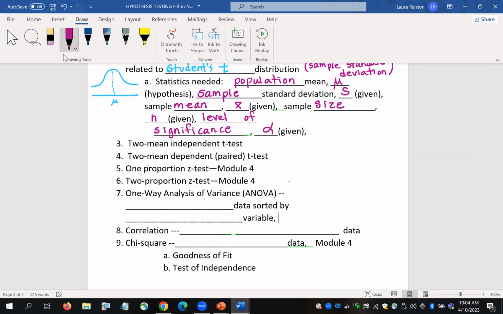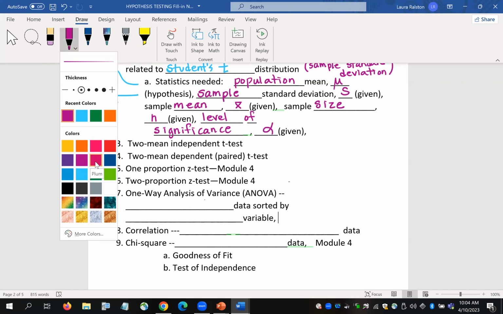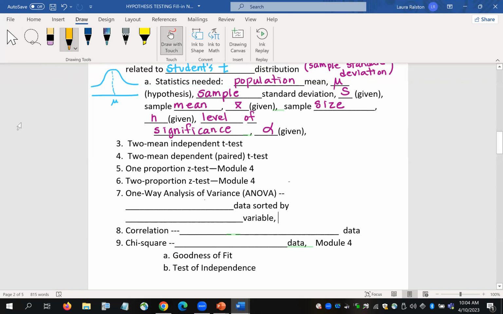Those two, the one mean z and the one mean t, we do talk about in Elementary Statistics 1, Stat 1401. Some of the ones that we do not talk about in the first course that we're going to look at in this course are the two mean independent t-test, the two mean dependent or paired t-test, a one proportion z-test, as well as a two proportion test.